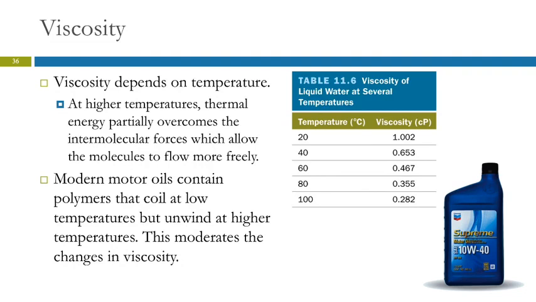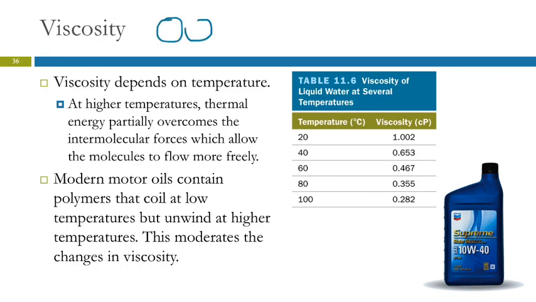So, a cool thing about modern motor oils is they have polymers in them. The polymers will coil up and become little globs at low temperatures. So, we looked at the effect of shape.